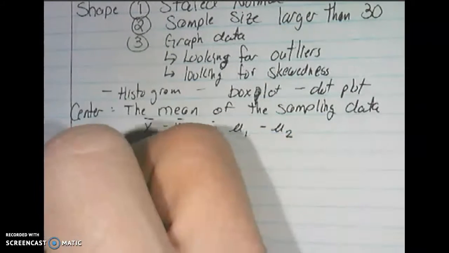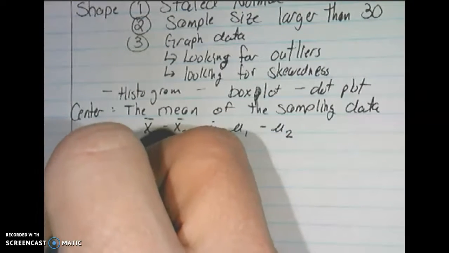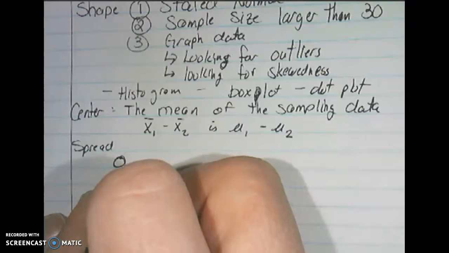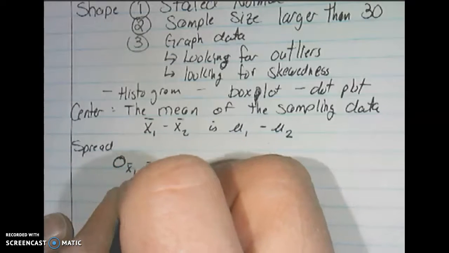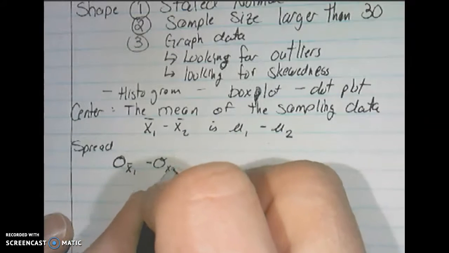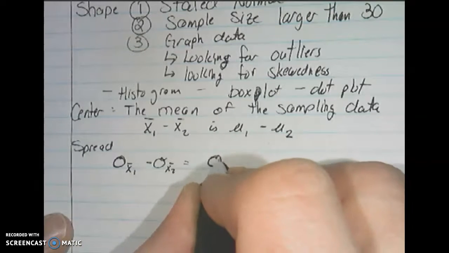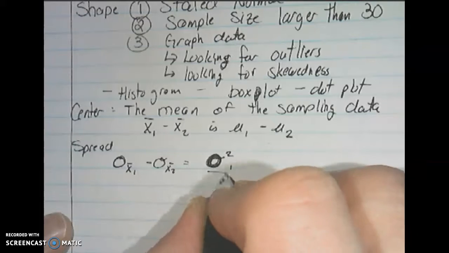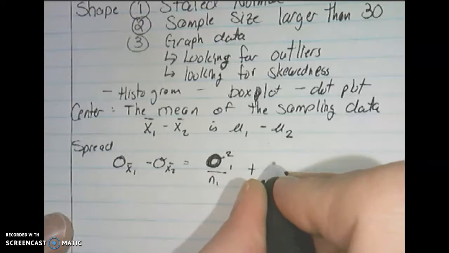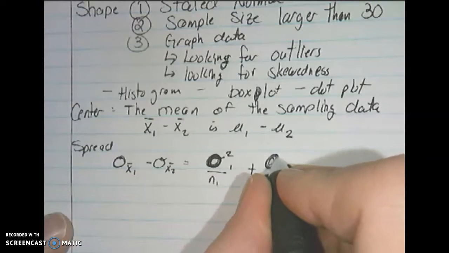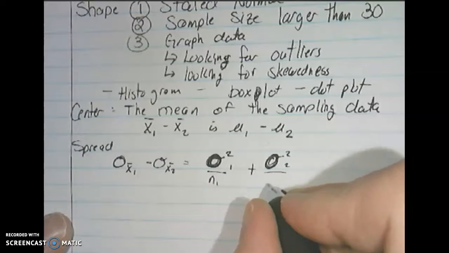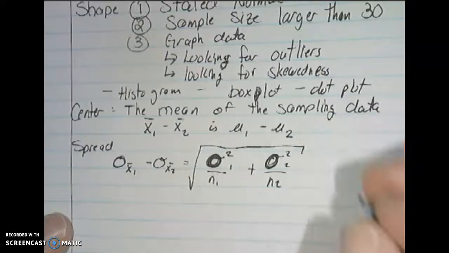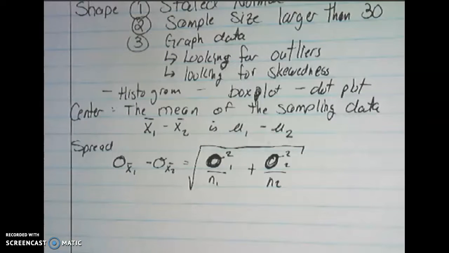Then we have our spread, which is our standard deviation. So the standard deviation of x bar 1 minus x bar 2 is equal to the standard deviation squared of 1 over n1 plus the standard deviation squared of the second over n2. And then we're going to take the square root of that, and that is our spread.